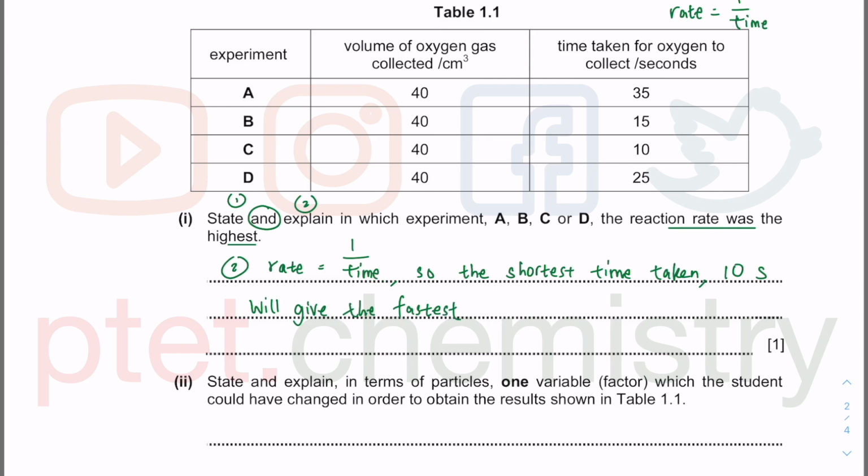So it gives the highest value for the rate, and therefore I need to state which experiment: A, B, C, or D. After I explain, I state it. 1/10 seconds will give you the highest rate, and that is experiment C. So experiment C is the fastest out of all 4 experiments.